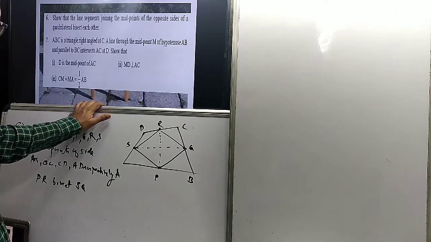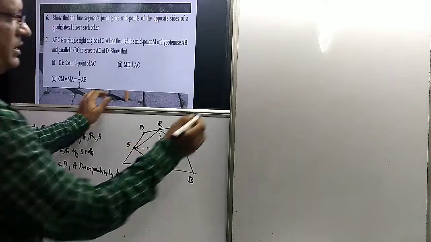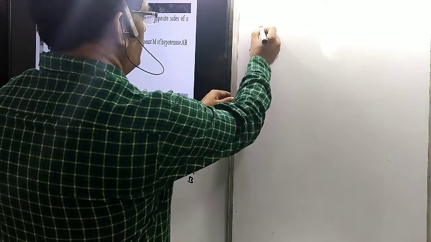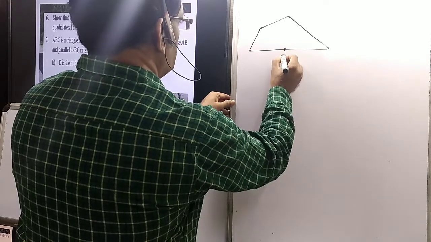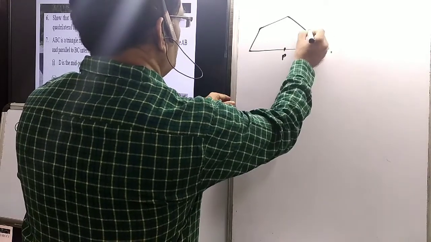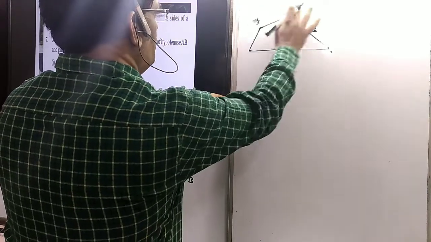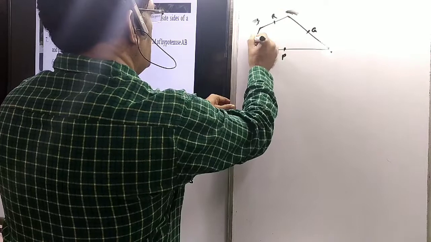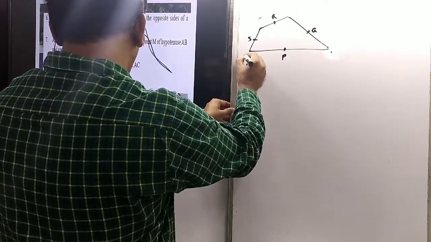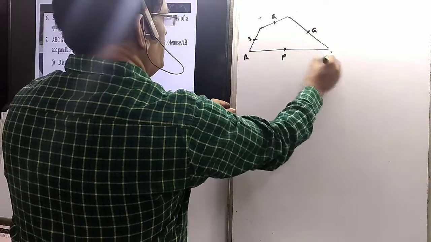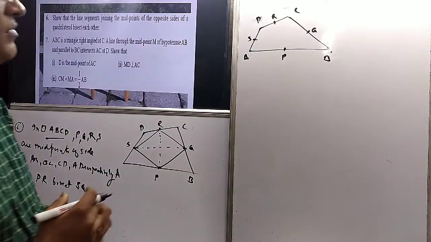Now how to prove this problem? For that, we join any diagonal of this quadrilateral. This is P, this is Q, R and S. These are the midpoints of the sides of ABCD respectively.